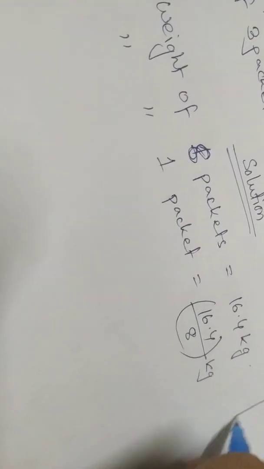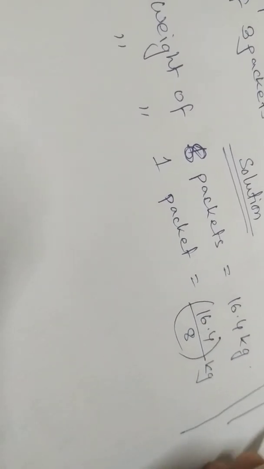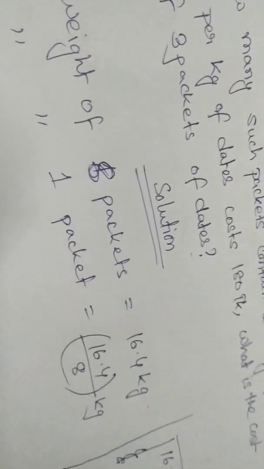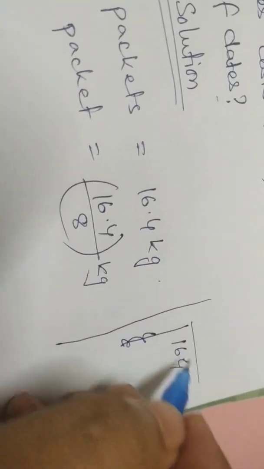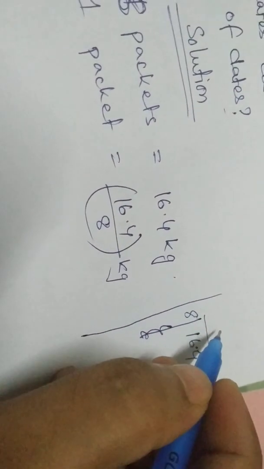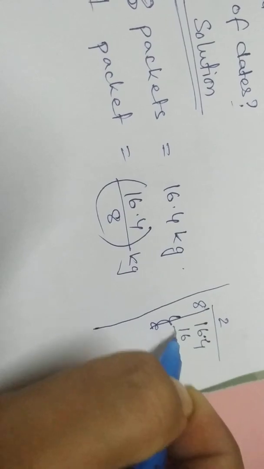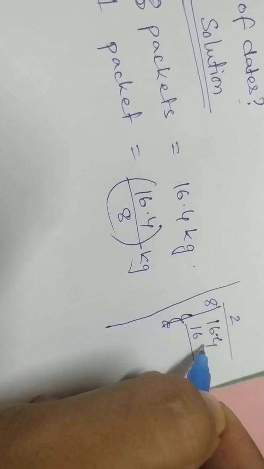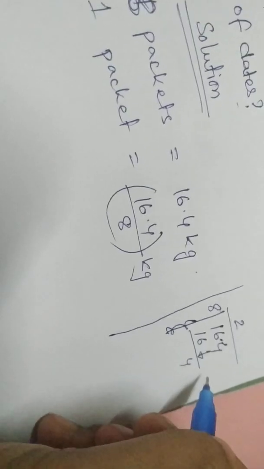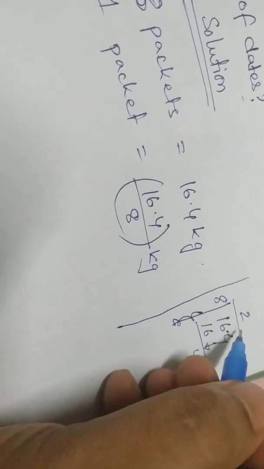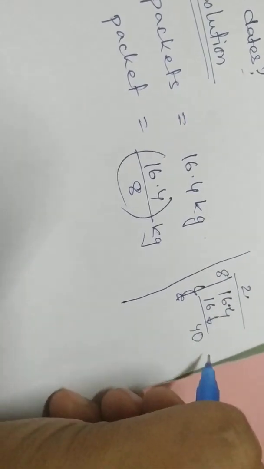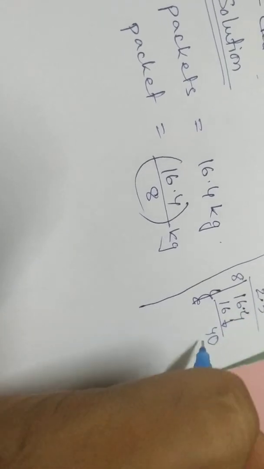So we divide it. This is for rough. 16.4 divided by 8. So 8 2s are 16. Then 4 comes, but 4 is actually smaller than 8, so we need to put a 0 over here. Then 8 5s are 40.